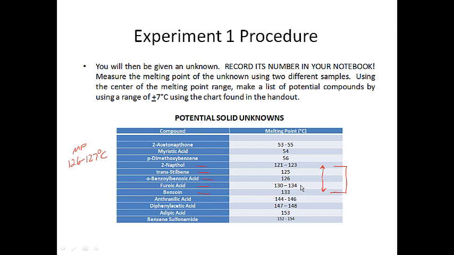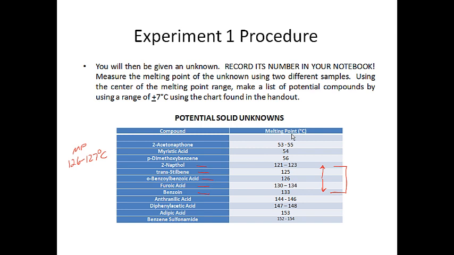Now, if you just so happen to have the first sample that you do give exactly the same temperature as the unknown, does that mean you only have to do one sample? Absolutely not. You've got to do all of the possible unknowns to verify that indeed you have one that stayed the same and the rest depressed their melting point.